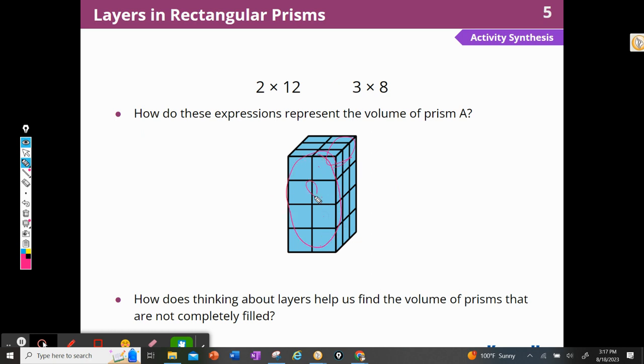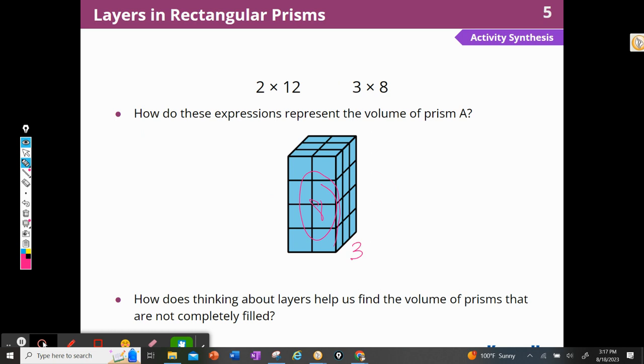There's an 8. This middle row is another layer of 8. And then there's another layer of 8. Well, there's my 3 times 8. Let's clean this up a little bit. I have a width of 3, and I have this area of 8, or a base of 8. 8 times 3 is the volume of this prism.